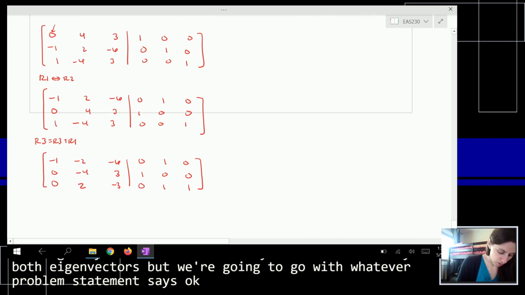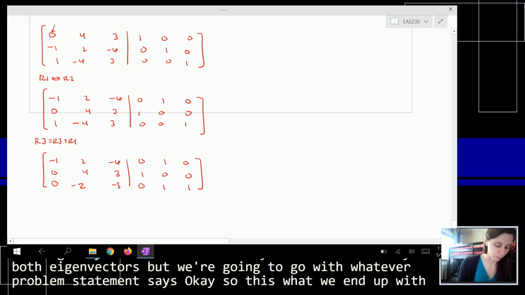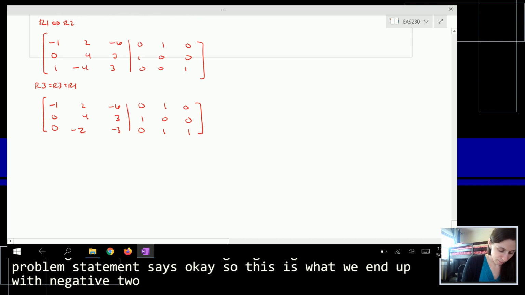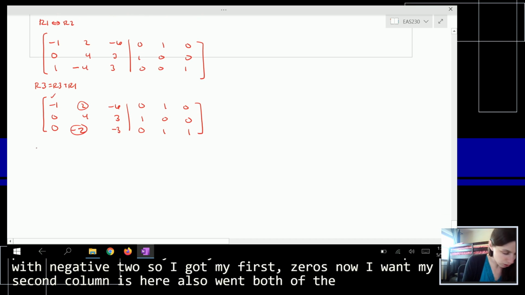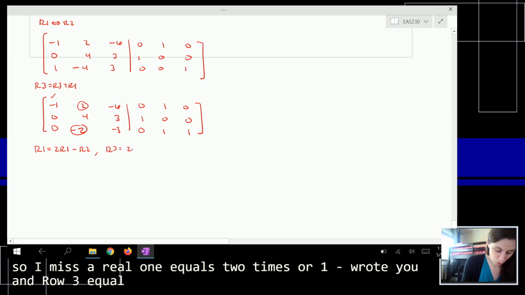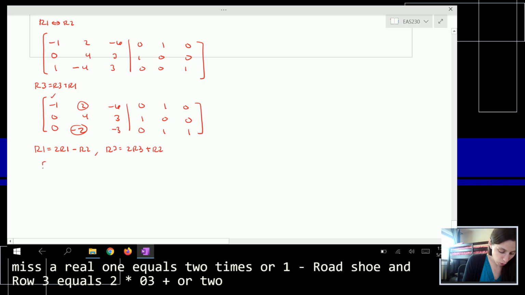Okay, so this is what we end up with. -2. Okay, so I've got my first column of zeros. Now I want my second column of zeros, so I want both of those to be 0. So I'm going to say row 1 equals 2 times row 1 minus row 2, and row 3 equals 2 times row 3 plus row 2. Once again, you would show your work.